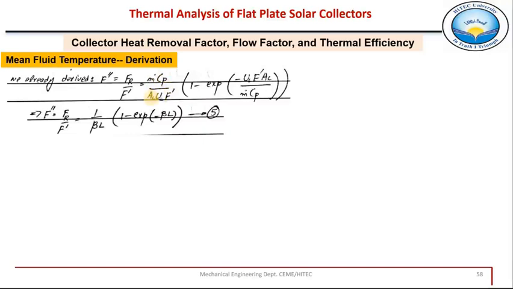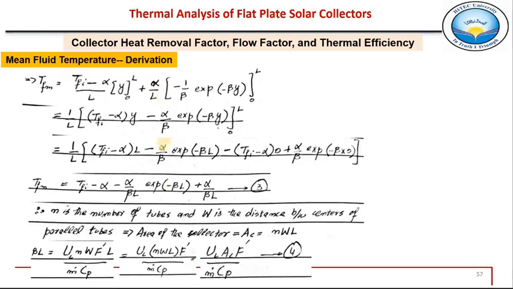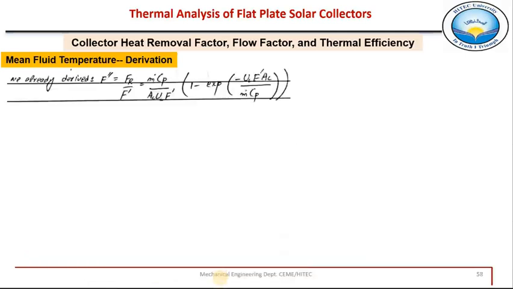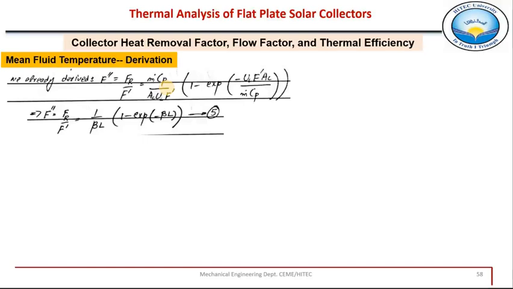So we can introduce this 1 over beta into L. Actually it is beta into L, which is UAF dash L over M dot CP. So in this equation, that represents 1 over beta L. So F double dash is equal to F R over F dash, and that is 1 over beta L, 1 minus exponent of minus beta L. So this is equation 5 now.